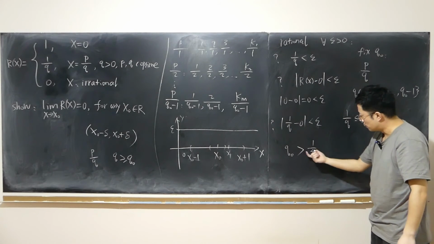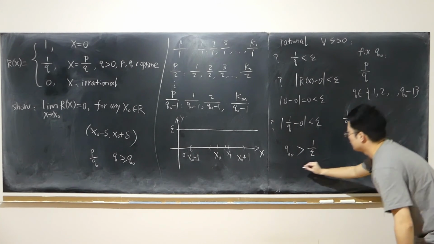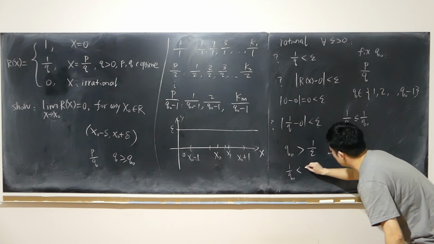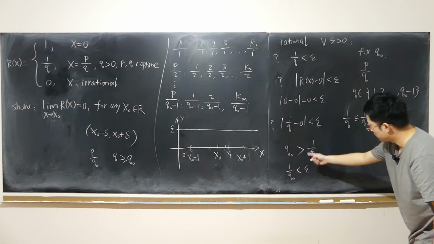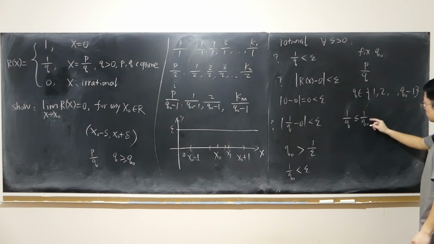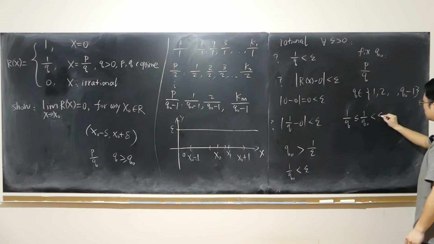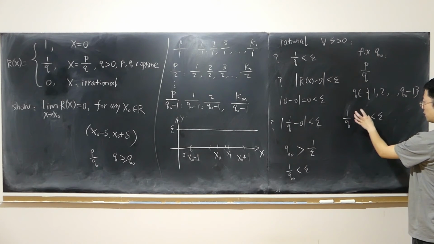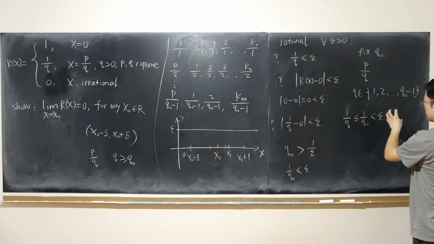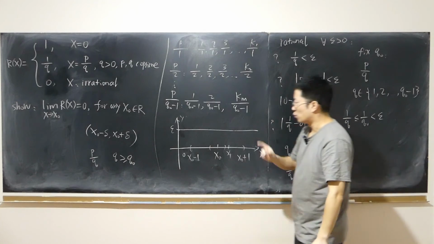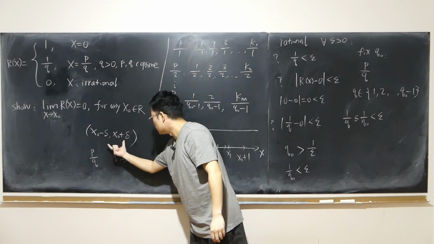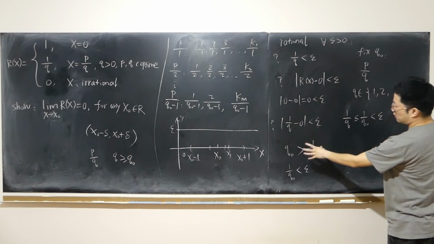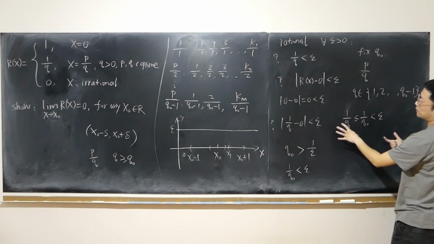This is easily doable, which means its reciprocal is less than epsilon. So I've really made sure that 1 over q is less than epsilon within this neighborhood.